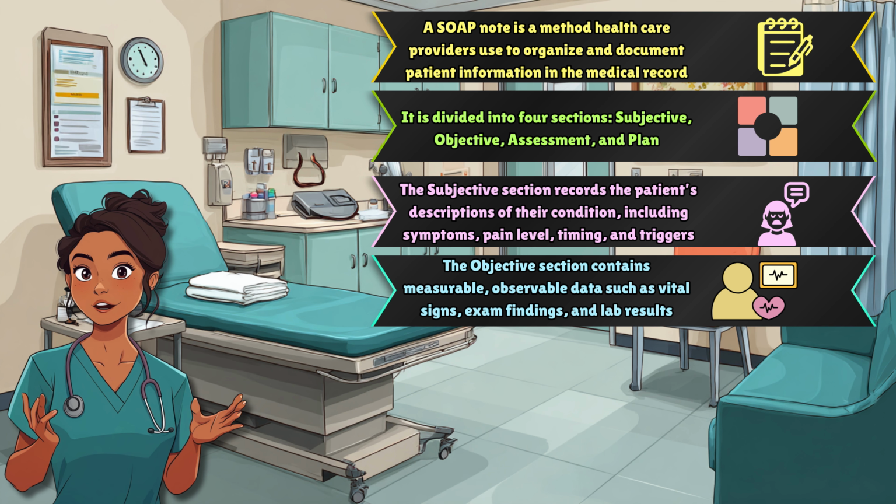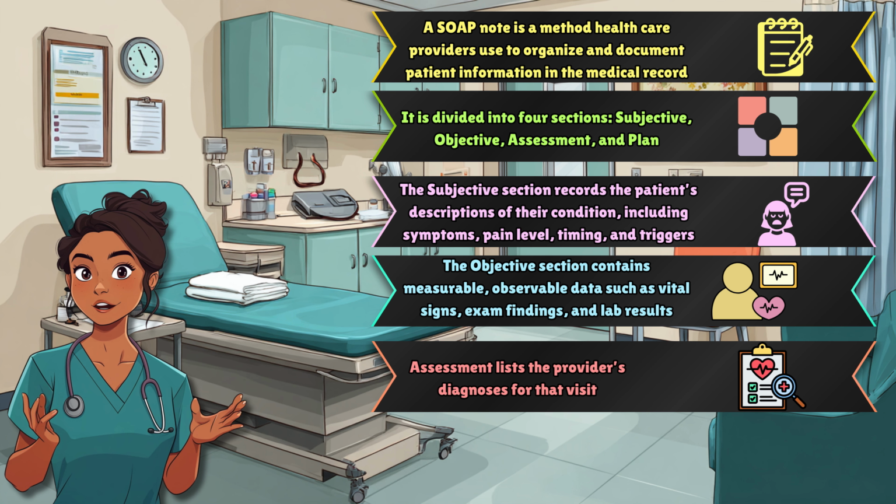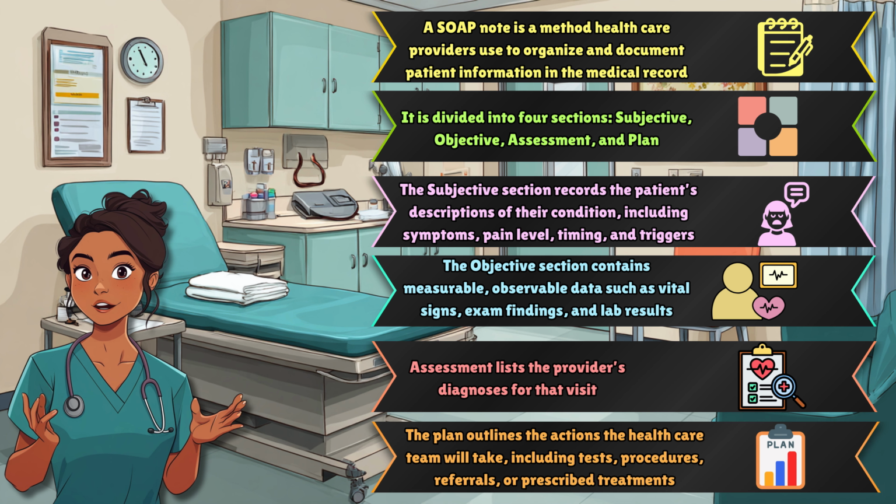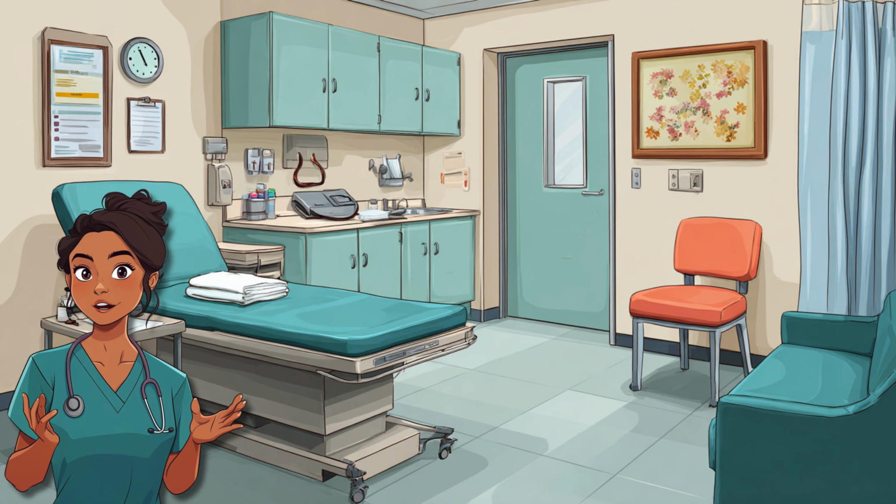The objective section contains measurable, observable data such as vital signs, exam findings, and lab results. Assessment lists the provider's diagnoses for that visit, and the plan outlines the actions the healthcare team will take, including tests, procedures, referrals, or prescribed treatments.